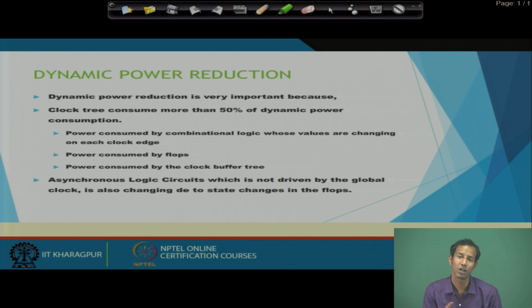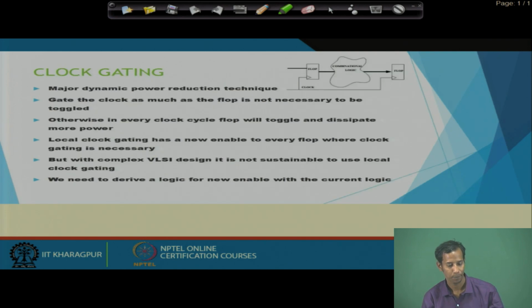When the clock edge occurs, only then do they switch the data, otherwise they remain silent or idle. But every flip flop and the clock tree buffers also consume power, which contributes to the overall dynamic power consumption of the circuit.